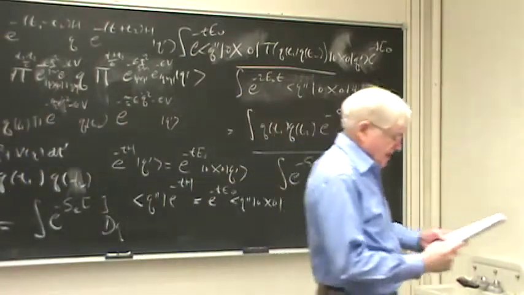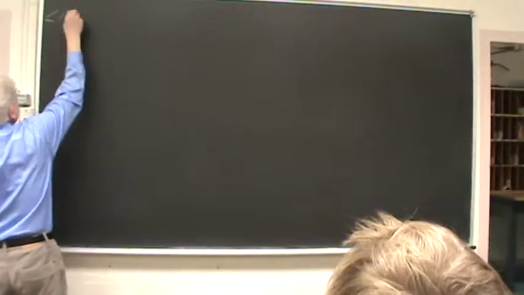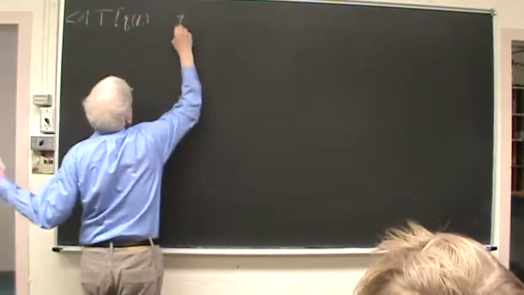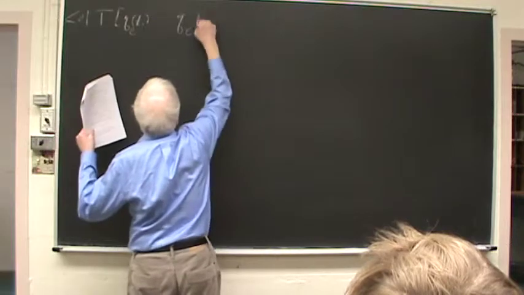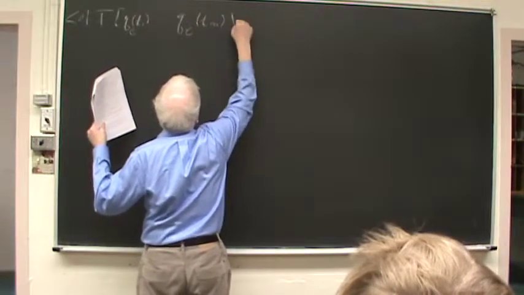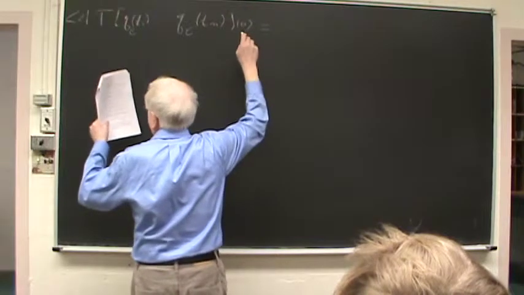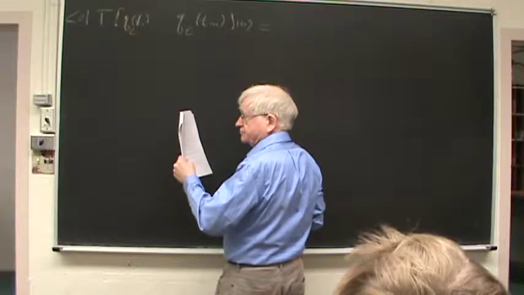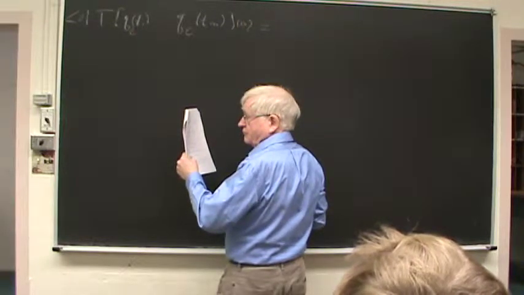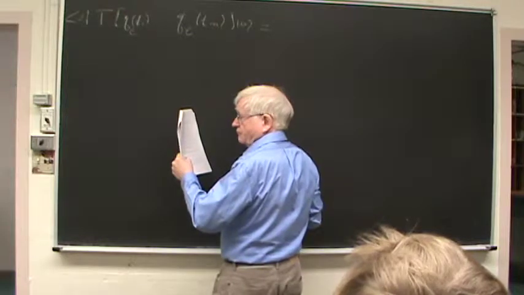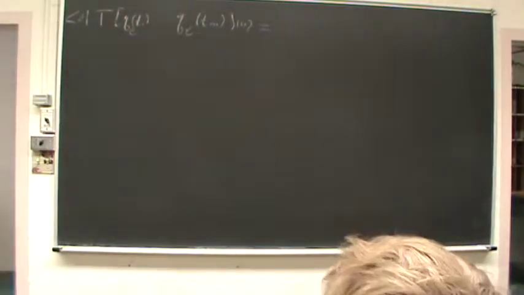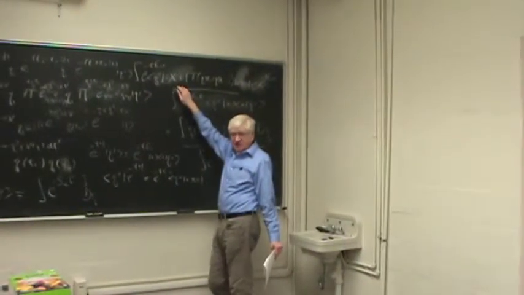So going to a more general situation, what we have is 0 time-ordered product of q of t1 through q of tn. These are all Euclidean, so it's q Euclidean tn. Right, you notice when these things cancel, there's nothing left but the mean value in the vacuum of the time-ordered product.